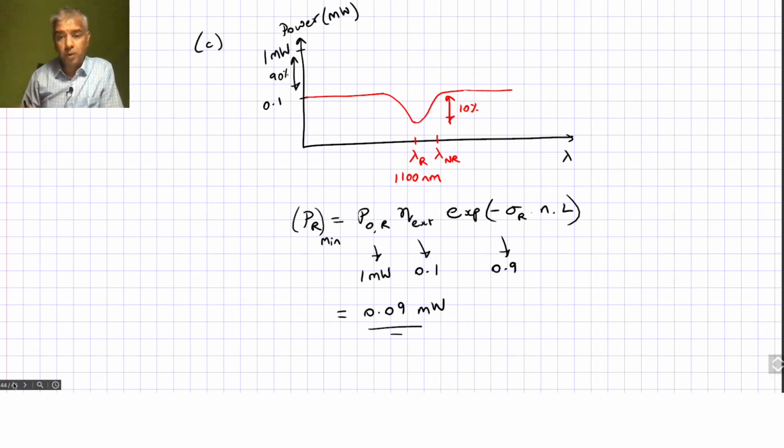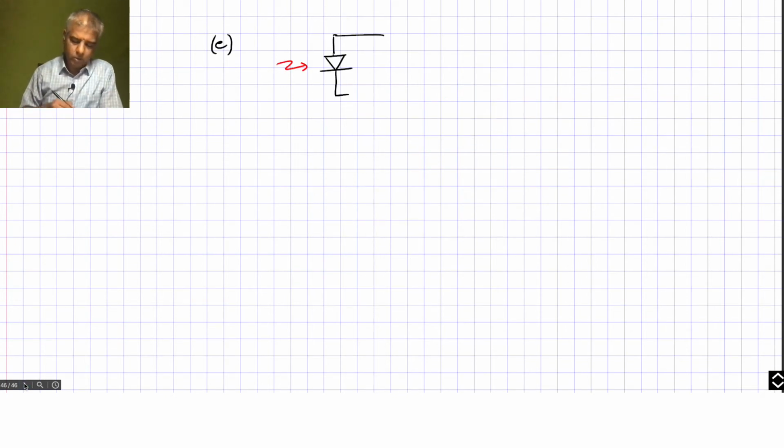What is the maximum power that we are going to have? That corresponds to the value we will get at the non-resonant wavelength, which corresponds to 0.1 milliwatt. So, this corresponds to 0.09 to 0.1 milliwatt. That is the kind of input powers that we are expecting over here.